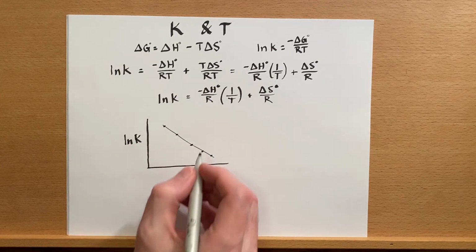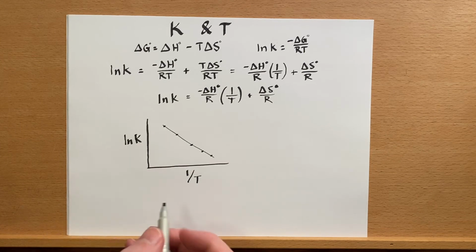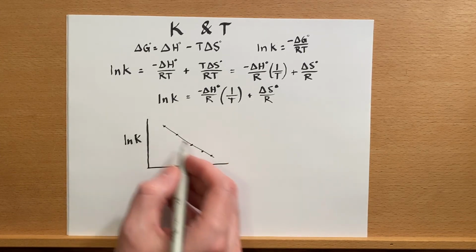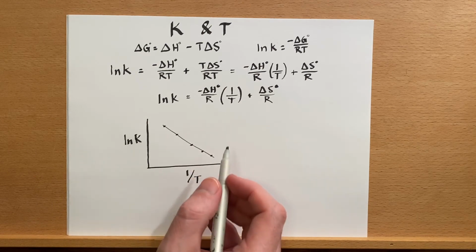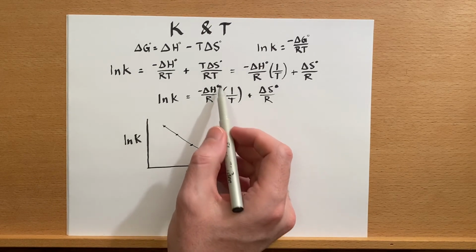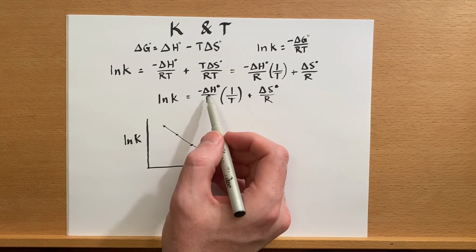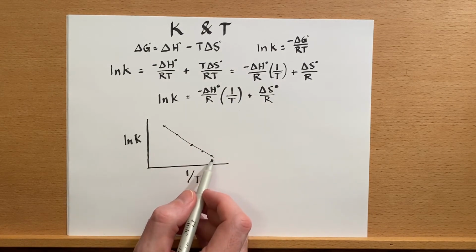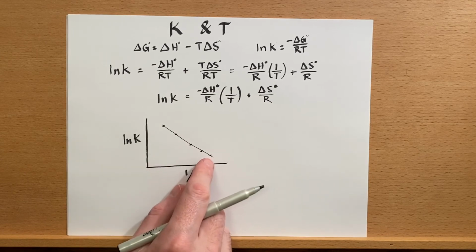Something like this. Now, the usefulness of this line is that from this we fit the data, and then we can find out, here's the slope. It's negative delta H over R. So we can get the enthalpy of the reaction from the slope.